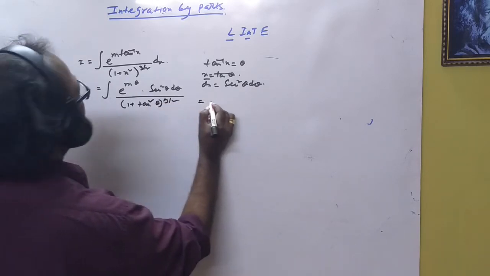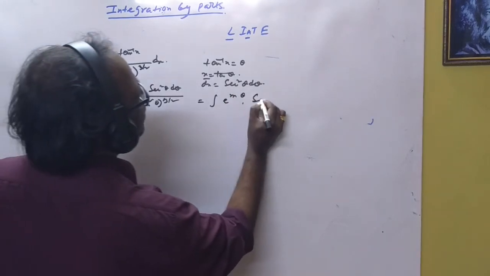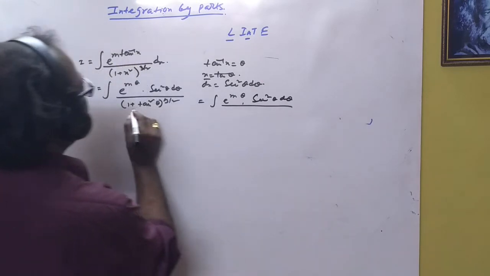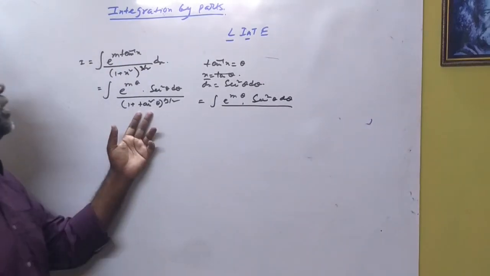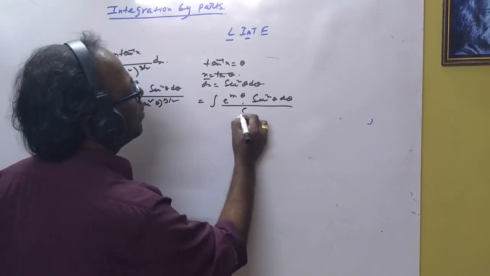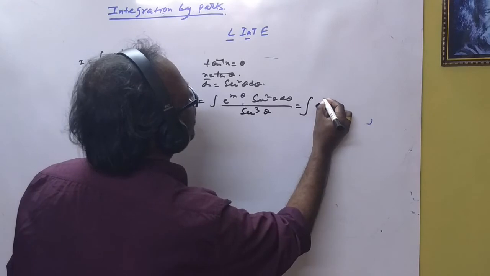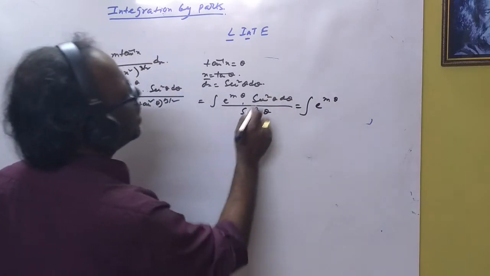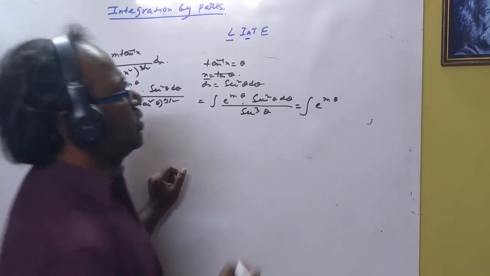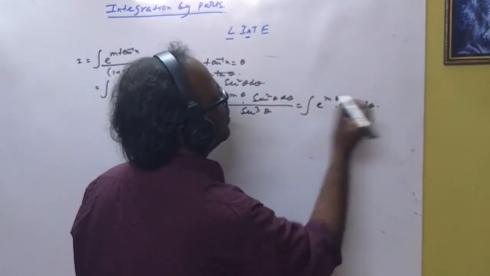Now see integral e to the power m theta, this is sec square theta d theta, divided by sec square to the power 3 by 2, that is sec cube theta. Now I can rewrite m theta and cancel the sec square, and the denominator part is sec theta, so you can write cos theta d theta.